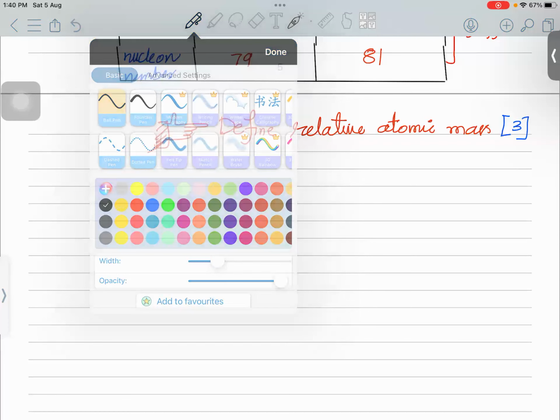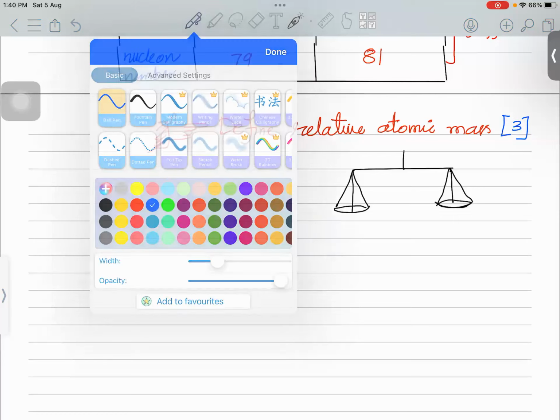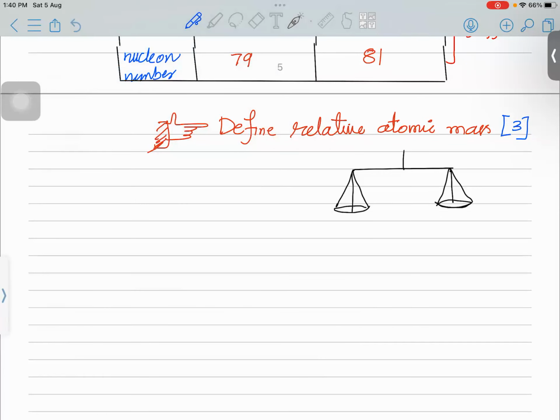Now you know that this is a beam balance. Let's suppose this beam balance is used to find the mass, right? And you are going to find the mass of chlorine.